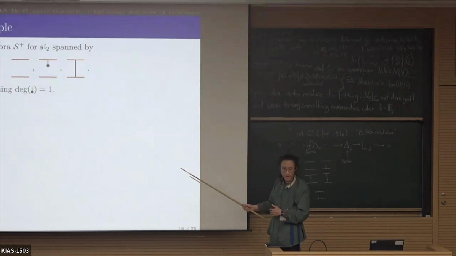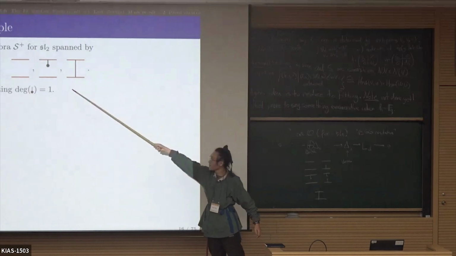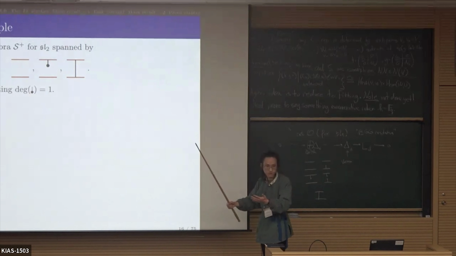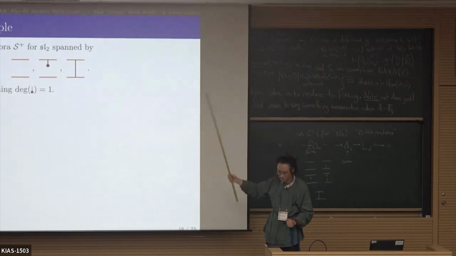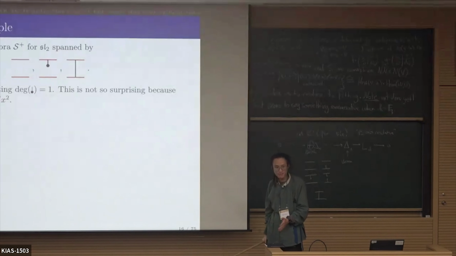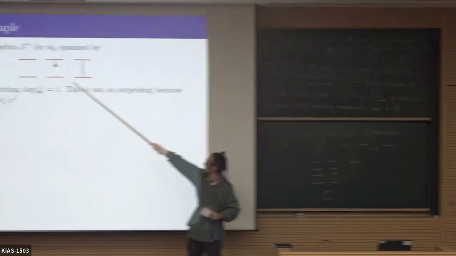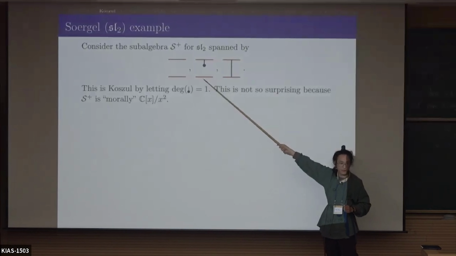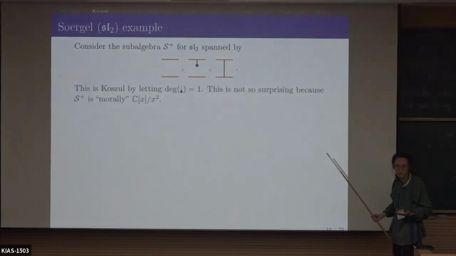It turns out this is Koszul by letting the degree of this lollipop be 1, just like the circle degree, and the rest of it is degree 0. This is maybe not so surprising because morally speaking, this algebra is kind of C adjoin x mod x squared, because when you stack this diagram on top of itself, the boundaries do not match, so it's equal to 0.